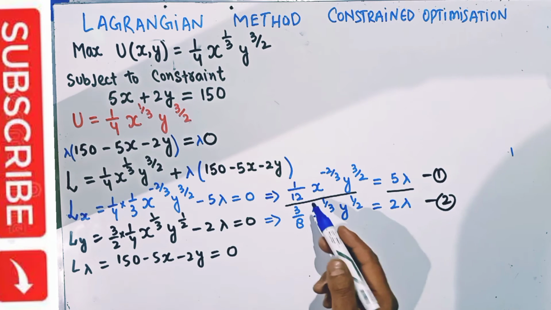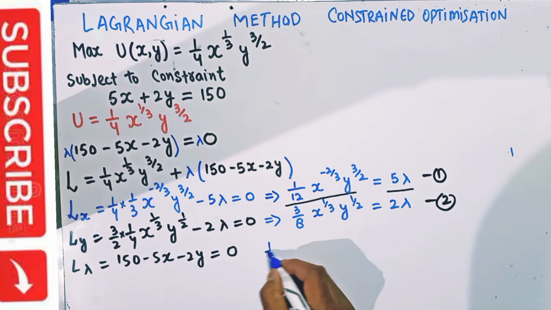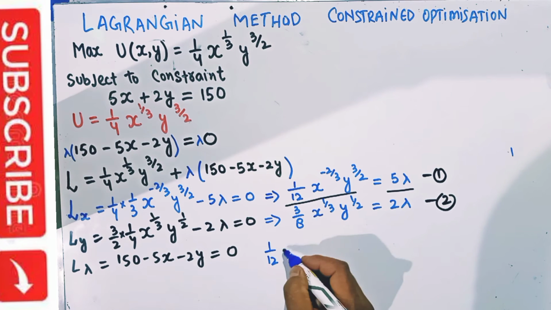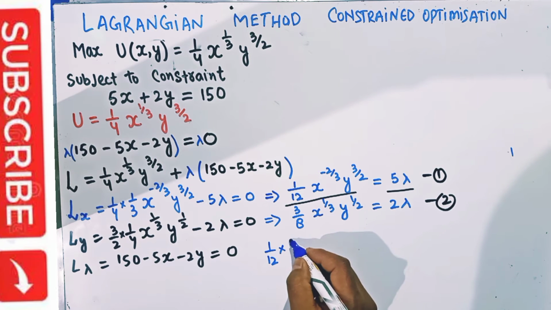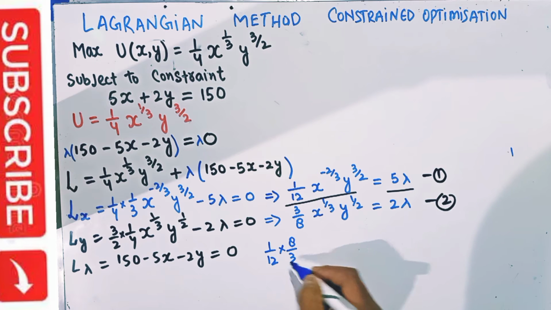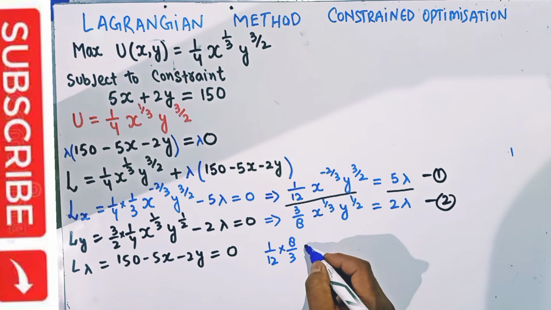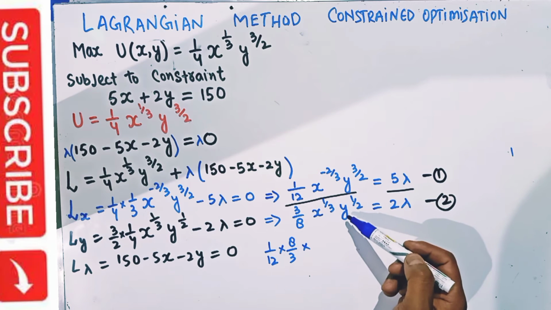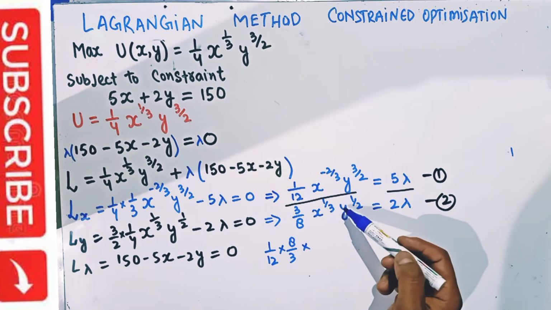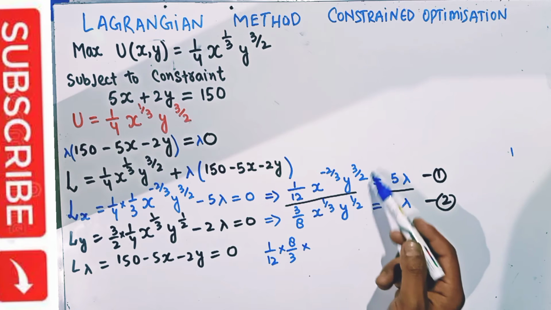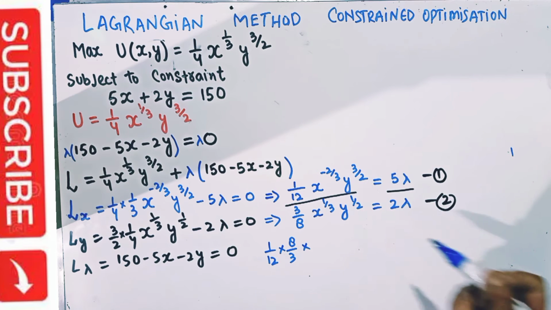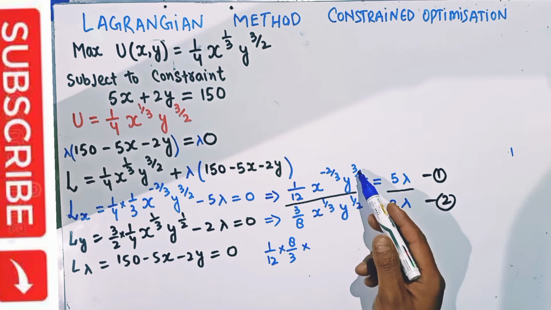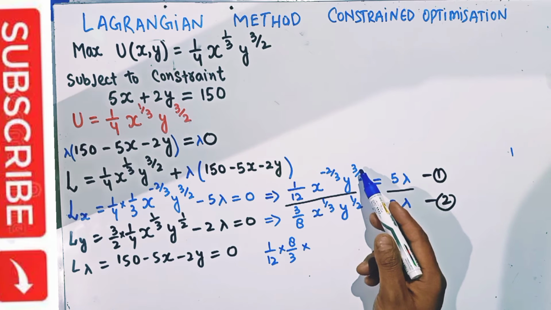So here you can see I can write 1 upon 12, transposing this it will become 8 upon 3 into, here we can do one thing. If I transpose this y raised power 1 upon 2 to numerator, its sign will change and it will get multiplied with this y raised power 3 upon 2.